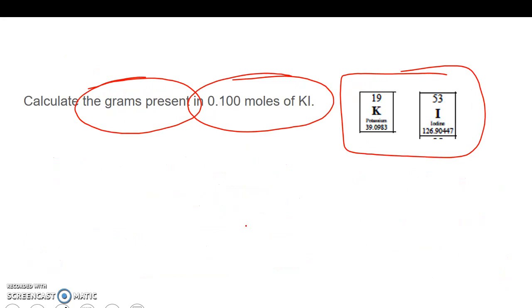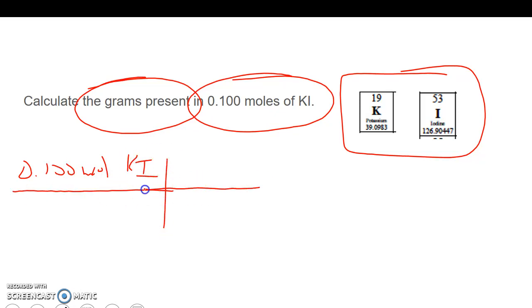Now we will try also here. We want to find the grams present in 0.1 moles of KI. And as we go through this, same thing occurs. We want to write down our given. 0.100 moles of KI. And we want to find the grams, so we want to find molar mass, potassium, iodine's molar mass.